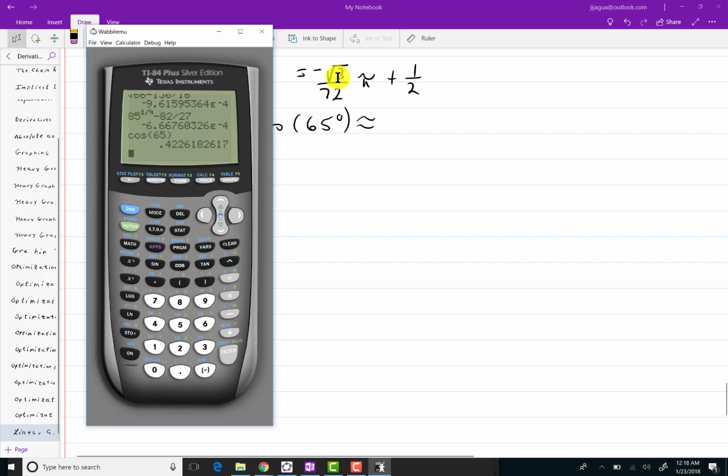Then I'm going to do this stuff over here and see how close I was. So we'll have negative square root of 3 times pi divided by 72 plus 1/2.